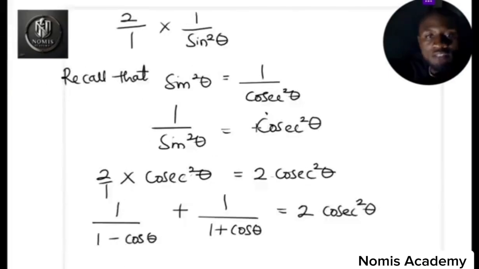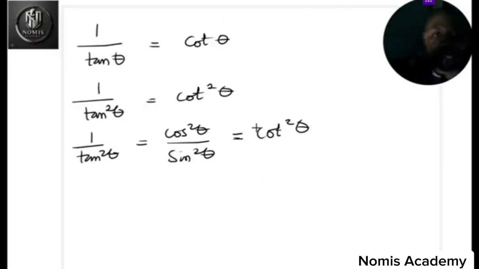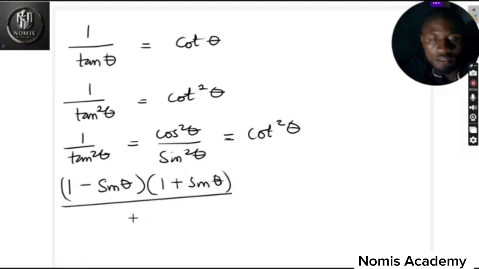So we have seamlessly proven that 1 minus sine theta multiplied by 1 plus sine theta divided by sine squared theta is equal to cot squared theta.